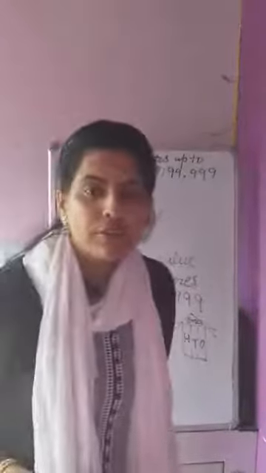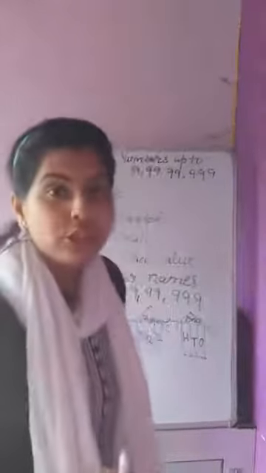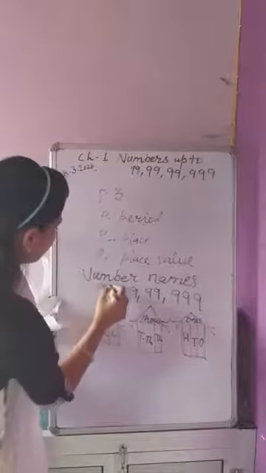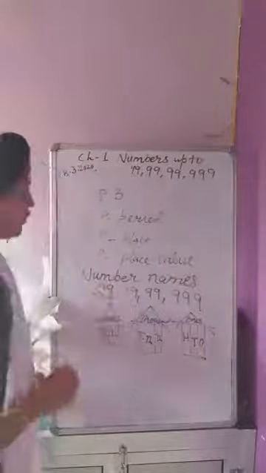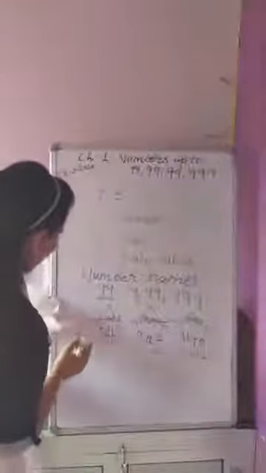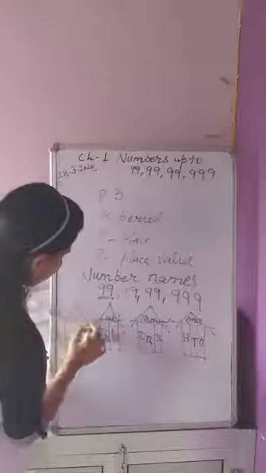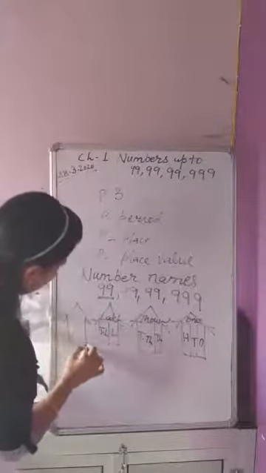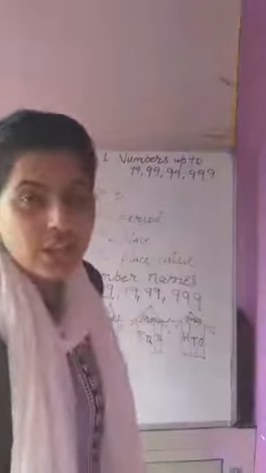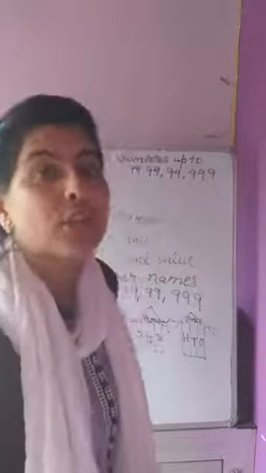But now, for class 5, 2 more places are added. And for this, you have to make a new house also, isn't it? So we'll draw one more house, and for this house, the name is given as crore.